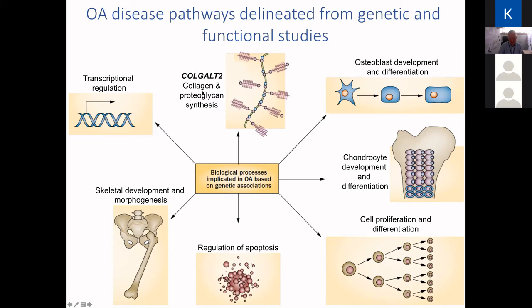You can look at different genes and different signals and see other examples where those genes and their protein products appear to be involved in collagen and proteoglycan synthesis. Other things that are becoming apparent are effects on transcriptional regulation, osteoblast development, chondrocyte development, cell proliferation, apoptosis, and also skeletal development and morphogenesis. So there are a lot of things that we're beginning to uncover on the basis of genetic studies, and we're able to say that certain pathways appear to be particularly important in the disease.